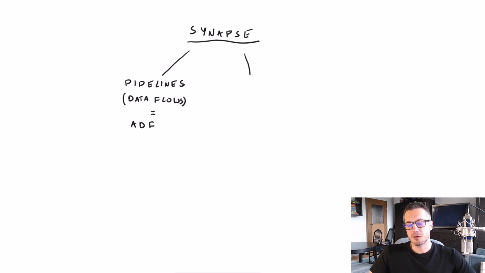Then we know that, all right, data flows are maybe fine for data transformations, but if you would like to have more control over the stuff that is happening in your processing, then data flows don't give you this control. So you want to create your own code. And the way to do this is to use Spark pools, and then write your notebooks.